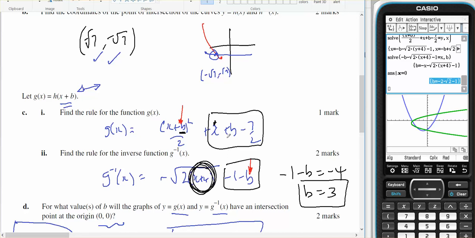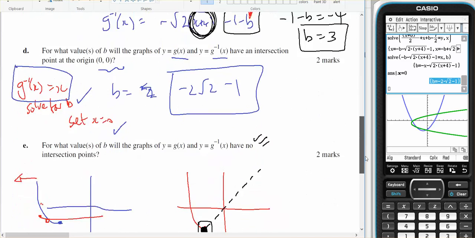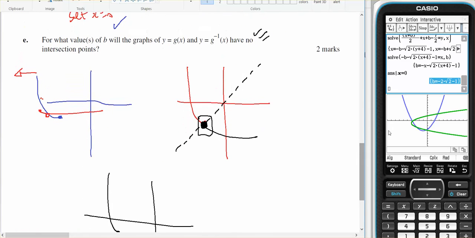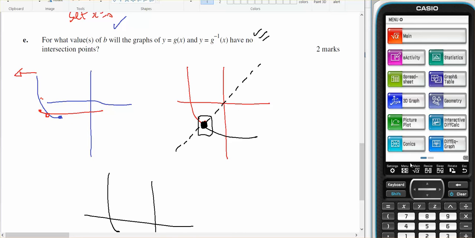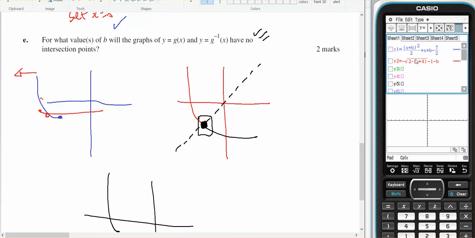One thing that you can do, and it might be a little bit messy, but it might be worth it: if I go into Menu, Graphs and Tables, I've put my original in terms of b, and this is the inverse in terms of b.